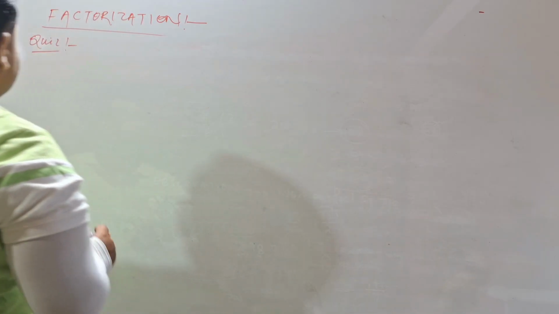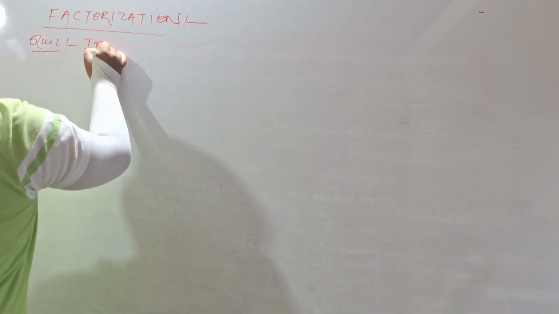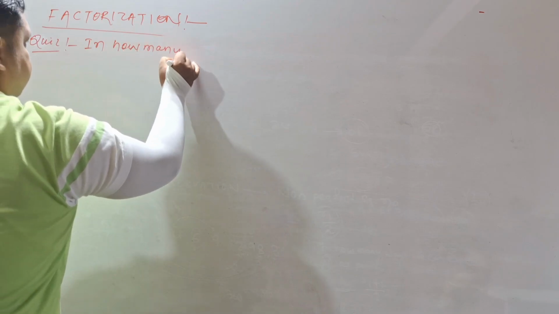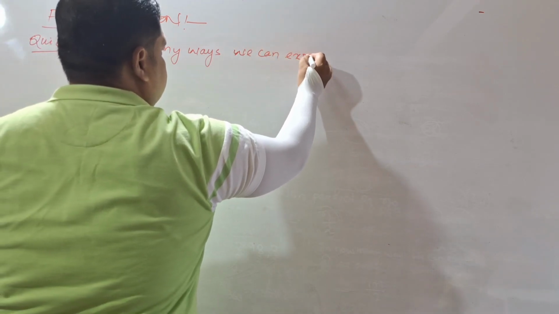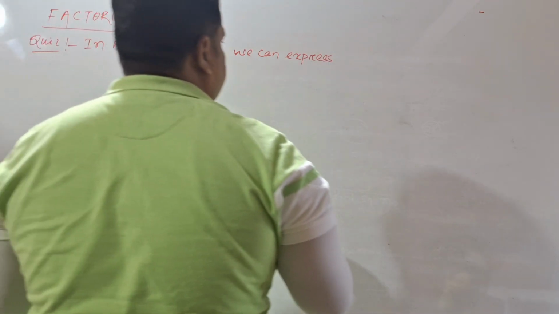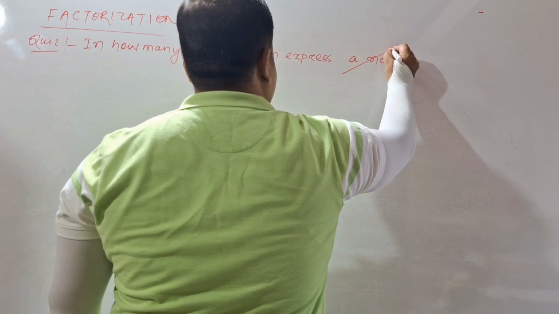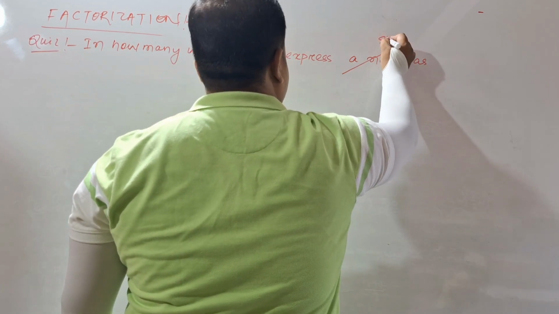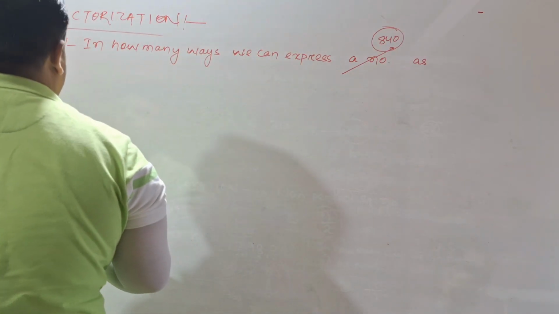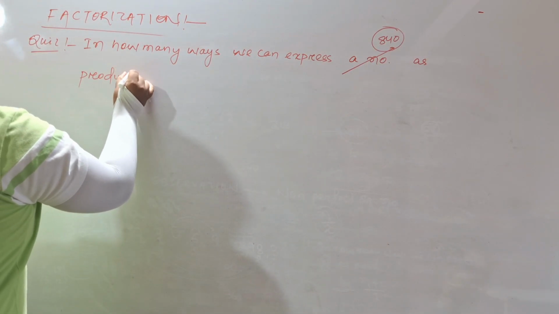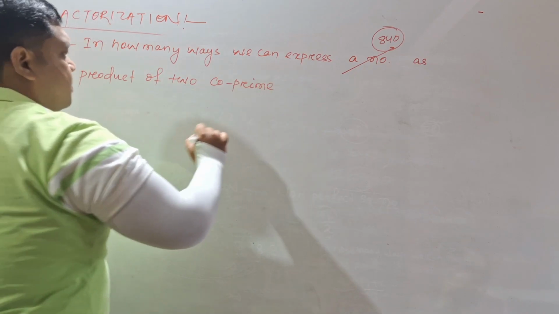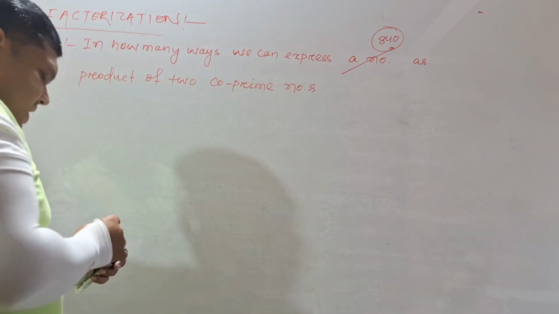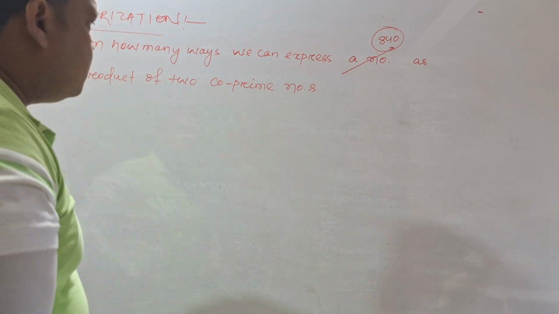It is very basic, from zero to hero you can say, and we will solve the P by Q. In how many ways can we express a number, any number, suppose 840 is the number, as a product of two co-prime numbers? Co-prime means their HCF is 1.